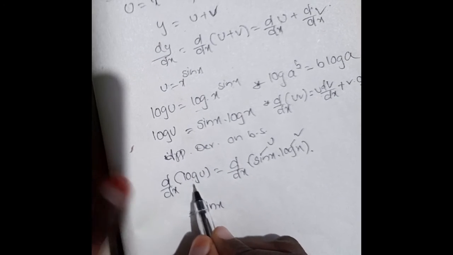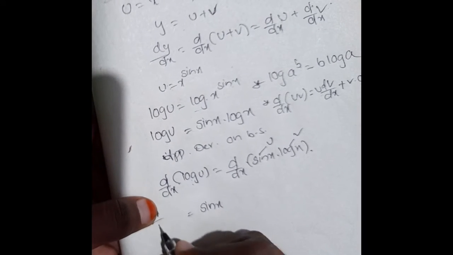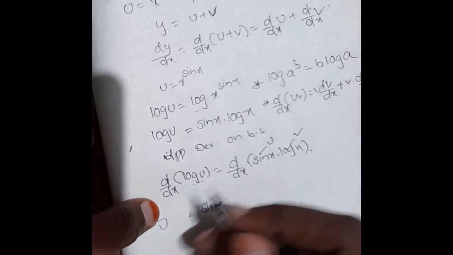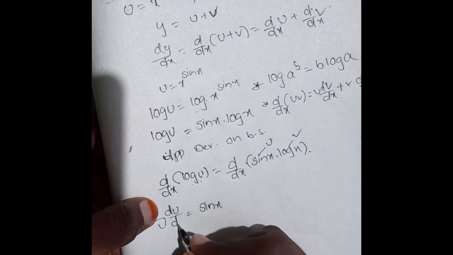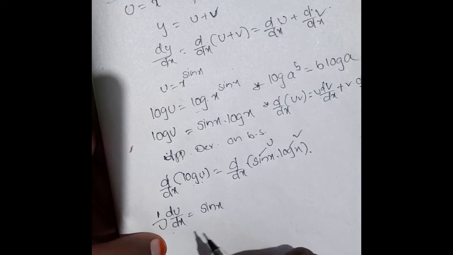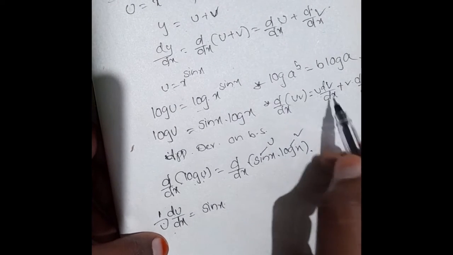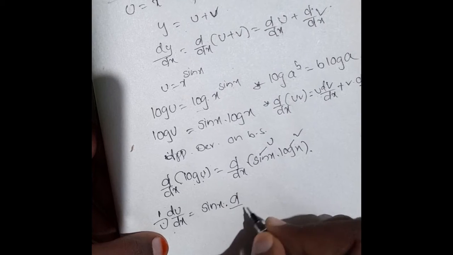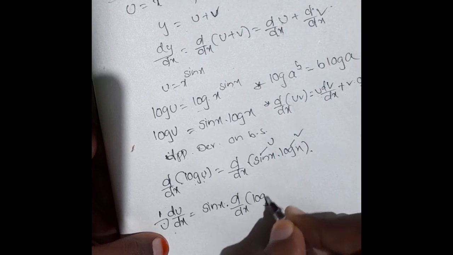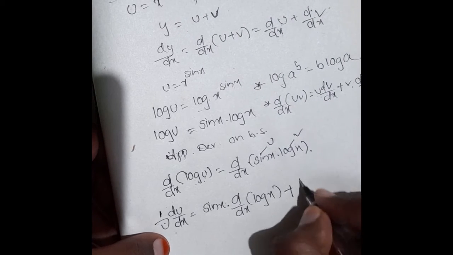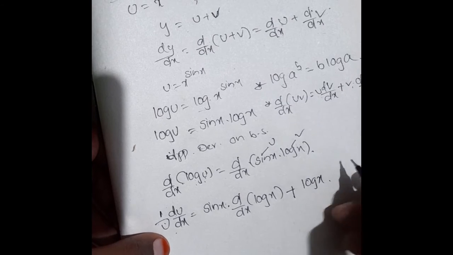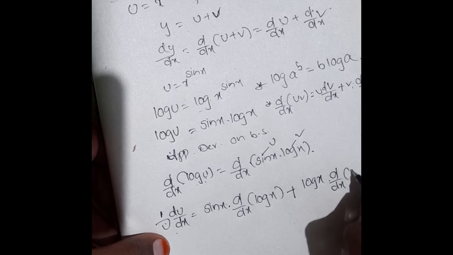The differentiation of log x is 1 by x, but here in the place of x we have u, so we have to differentiate again: 1 by u du by dx. Next, sin x times d by dx of log x, plus log x times d by dx of sin x.